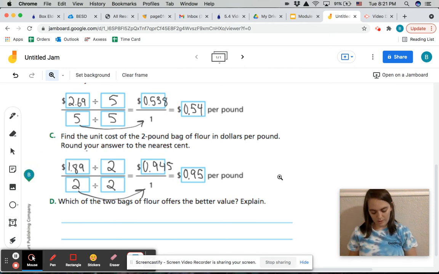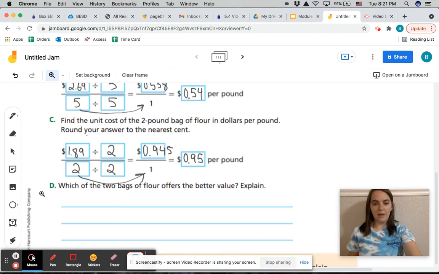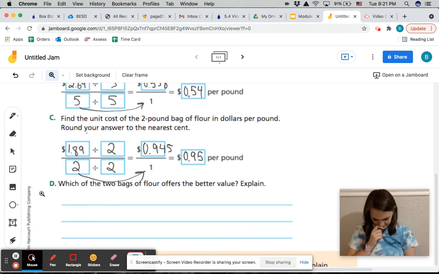Okay, so looking at these two, which of these 2 bags of flour offers the best value? Well, when we look at these two, the one with a better value is the one that's cheaper.